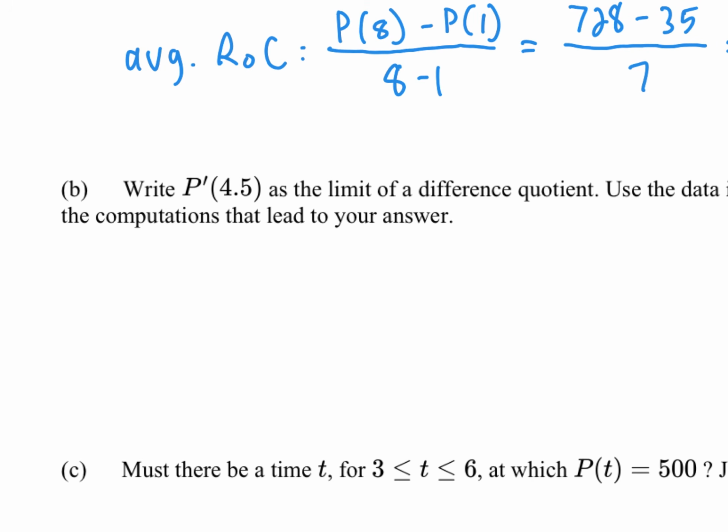We actually have two options. There are two different definitions of derivative at a point. I'll just write them both. One definition of derivative could be the limit as h approaches 0.